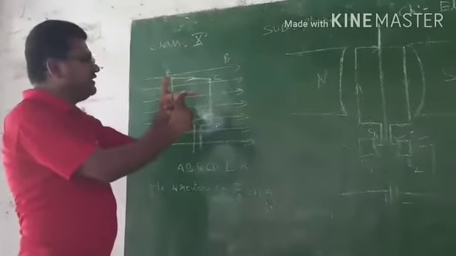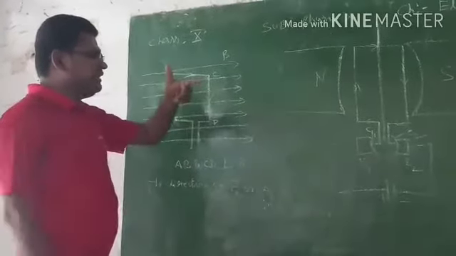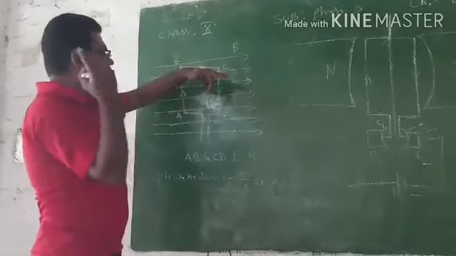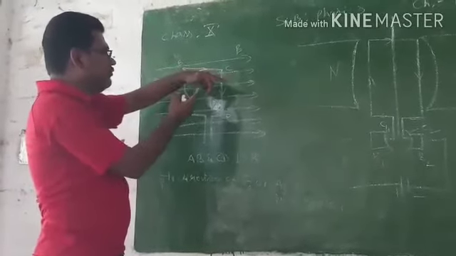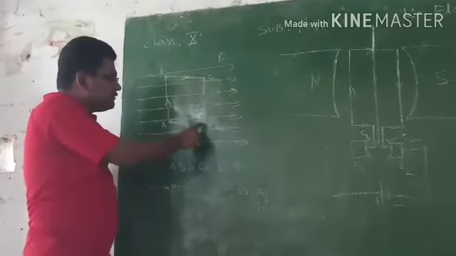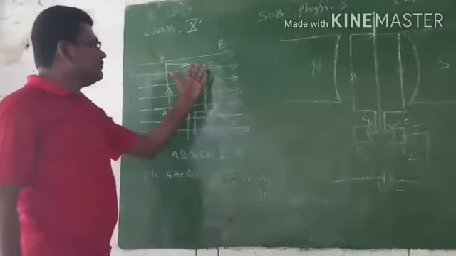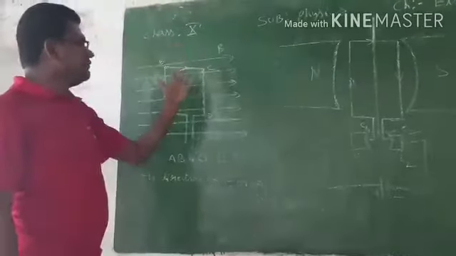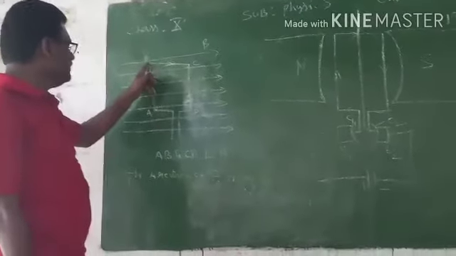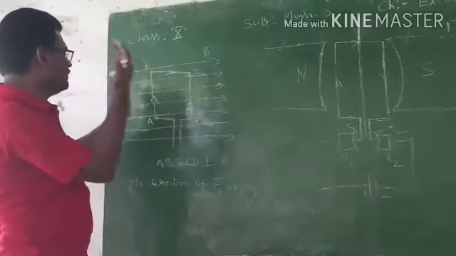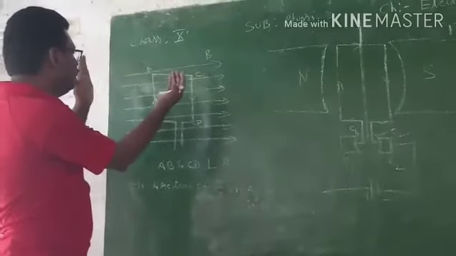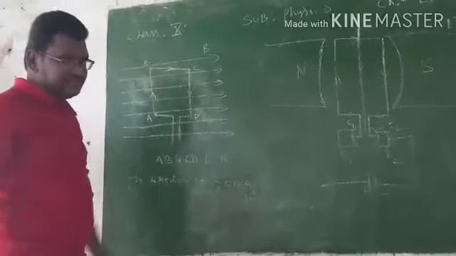Take the forefinger in the direction of magnetic field and the middle finger in the direction of current. Then the thumb represents the direction of magnetic force on CD. That means here on CD the direction of magnetic force is out of this plane, and the direction of magnetic force on AB is into the plane. So these two forces are equal in magnitude and opposite in direction.